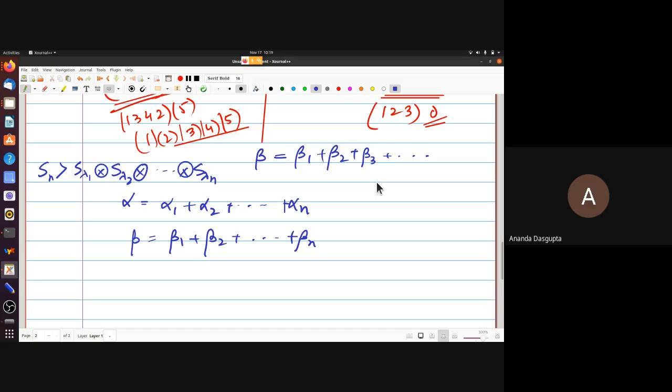Alpha 1, alpha 2, alpha 3, okay? You used k_i cycles while showing that formula, the factorial of i to the power k_i times k_i factorial, multiplied over i.